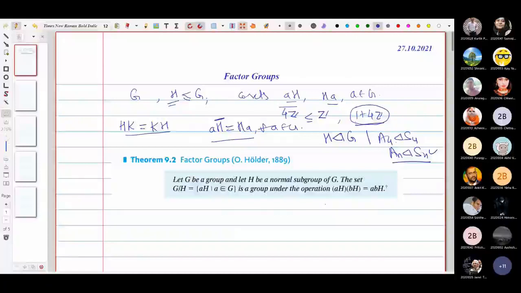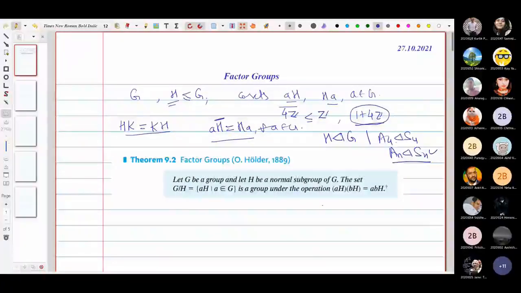Before that, let us see what we mean by the factor group. Factor groups are essentially defined for a normal subgroup of a given group. Once we have a subgroup which is normal in G, then we can talk about factor groups, and we denote it by G by H. Sometimes one may get confused with left coset or right coset.